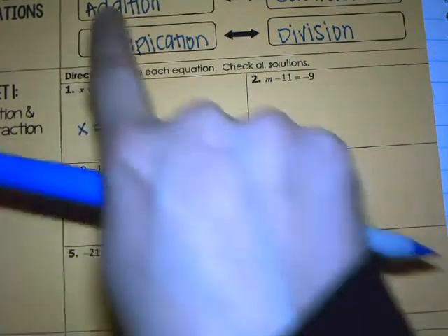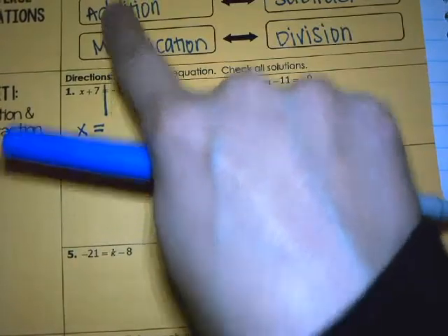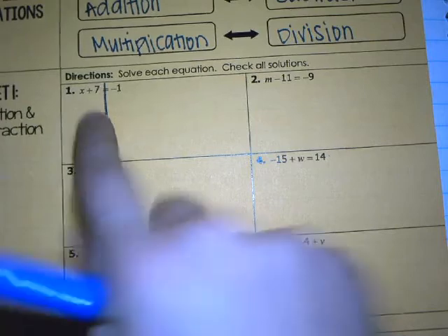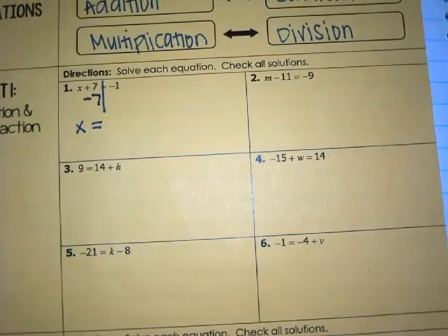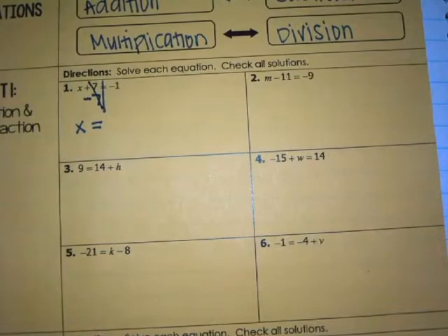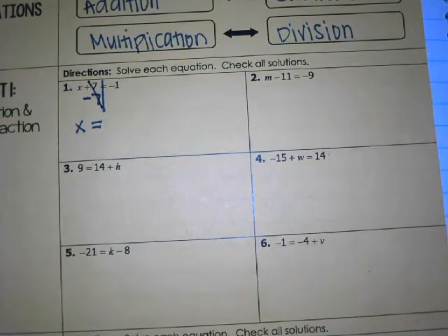I need to use my inverse operations that we just talked about. What's the inverse of addition? So I am going to do what then? I'm going to subtract that 7, right? Because what is 7 minus 7? 0. So those 7s go away, and I'm left with just the x.